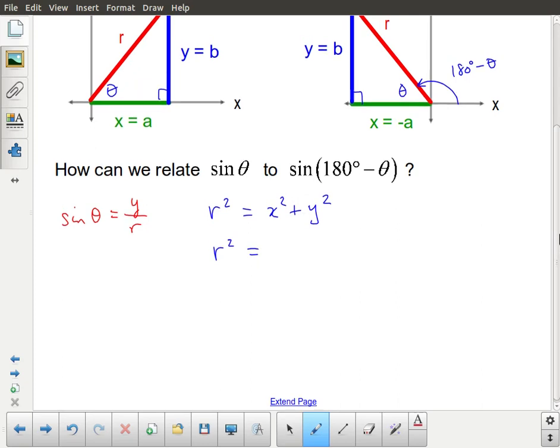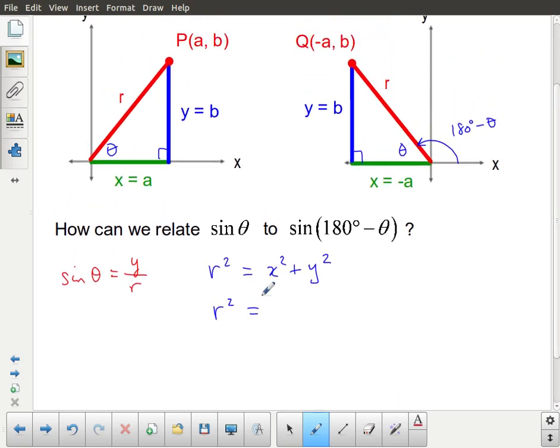That would be, for this acute triangle, the x-coordinate was a. So this would be a all squared plus the y-coordinate was b, so b all squared. And so I end up with r is equal to the positive square root of a squared plus b squared. And the reason why it's positive is, of course, we know that r must be greater than 0.